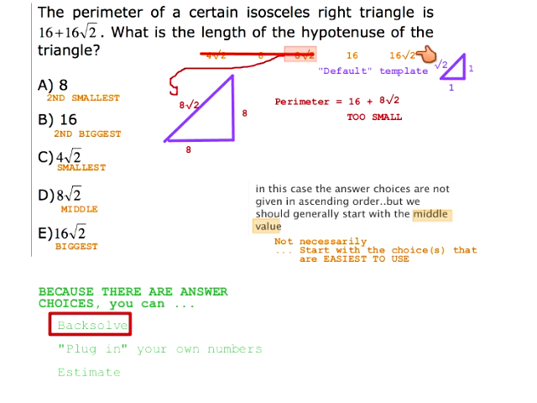Someone tell me a story about what's going to happen if I put in 16 rad 2, which is exactly twice as big as 8 rad 2. If I plug in exactly twice as much, what's it going to do to the perimeter if I make everything twice as long?